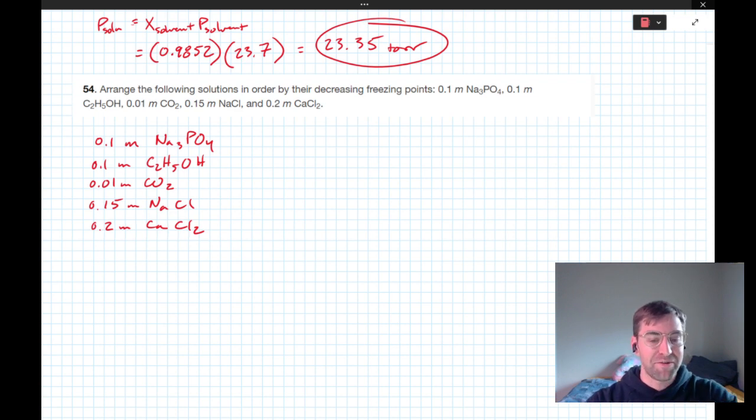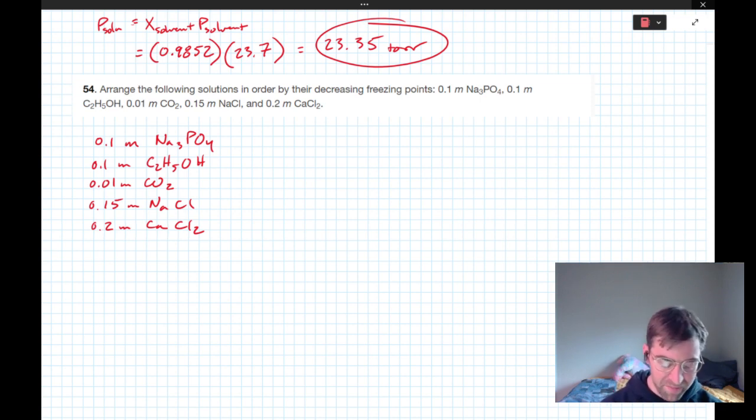Not all of these are soluble in water. They will be soluble in other compounds. But for the purposes of this exercise, we're going to assume that they're all soluble. So they're going to break down into component parts. And so for sodium phosphate, we have two species basically.